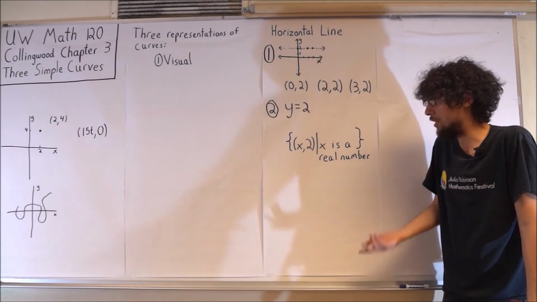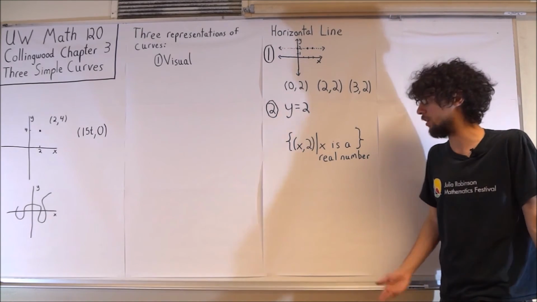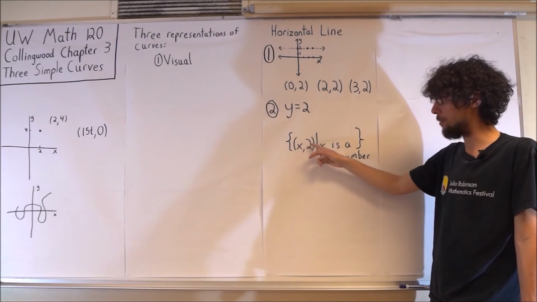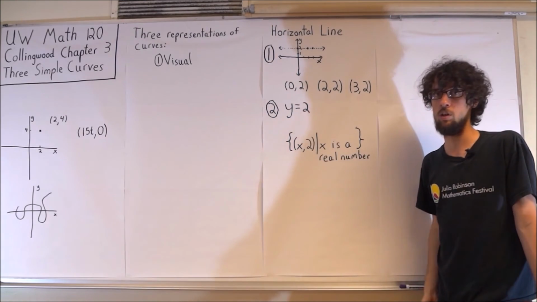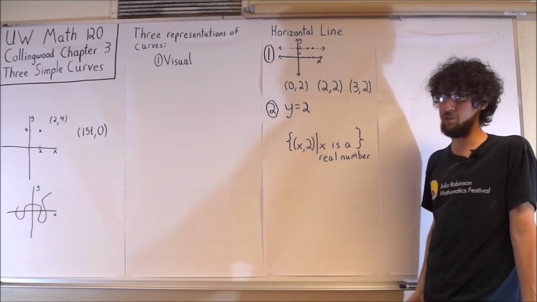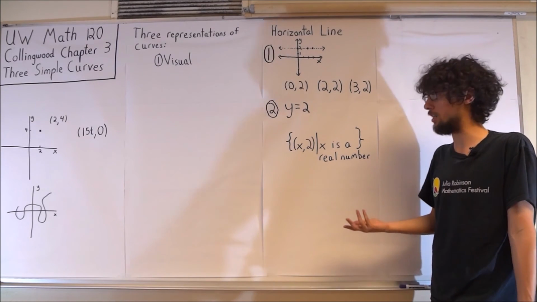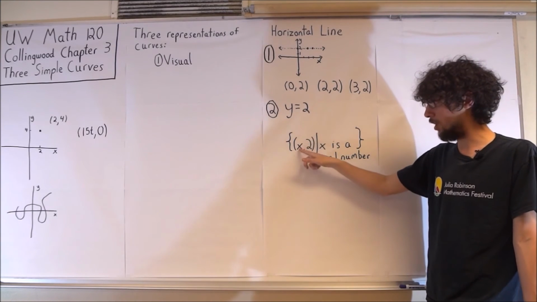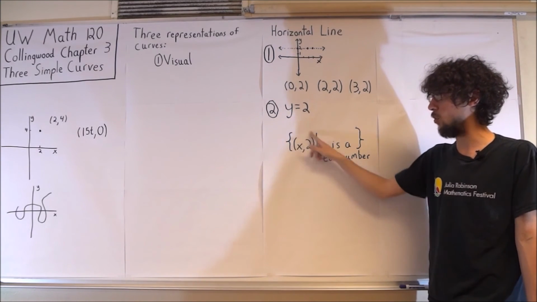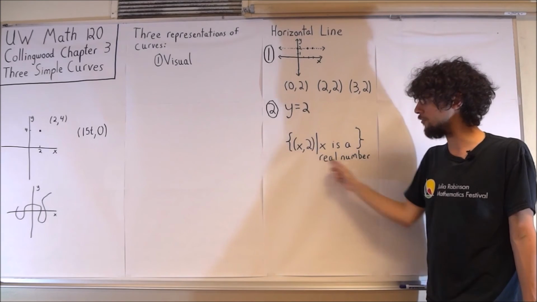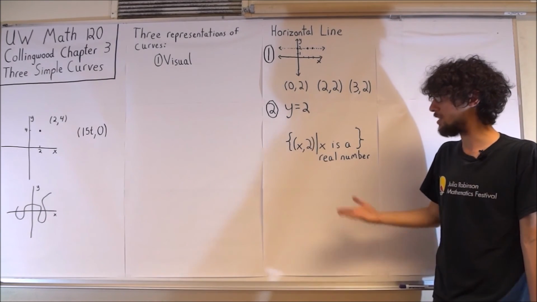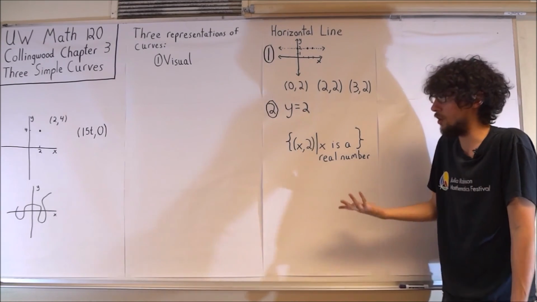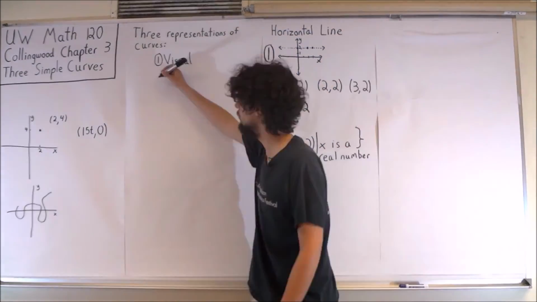Well, we mean if you specify a real number, say let x be 4, then (4, 2) is part of this collection. And for any possible specification of x, as long as you specify a real number, the point that you would get by plugging in x into this ordered pair is part of this collection. So we take the collection of all of these points, and this is our representation of the line.